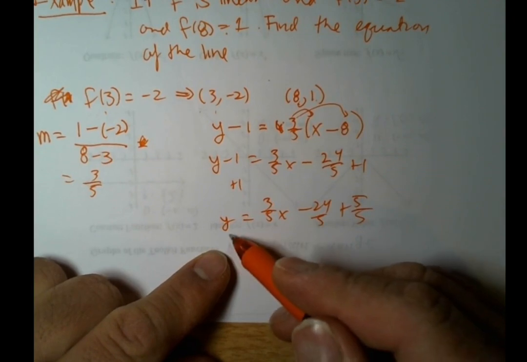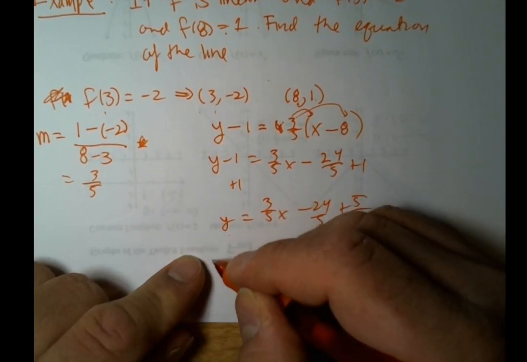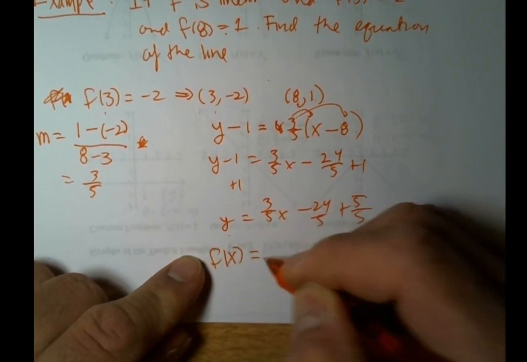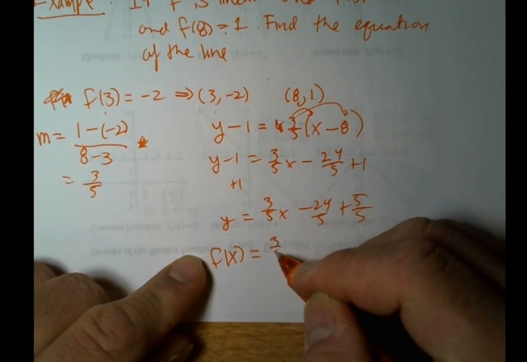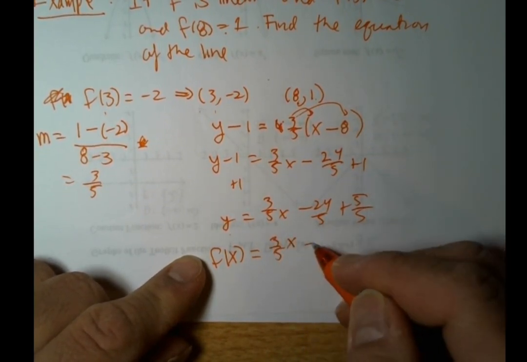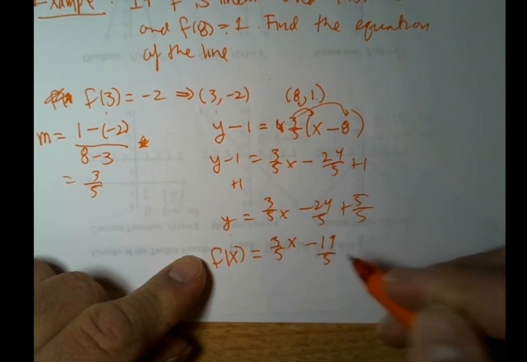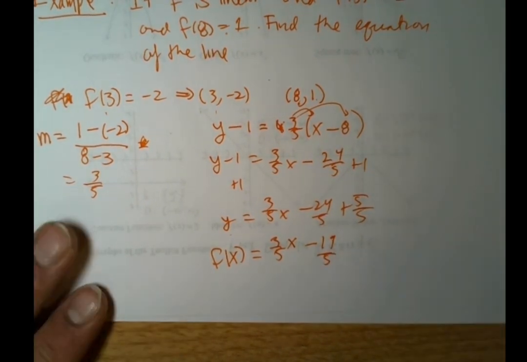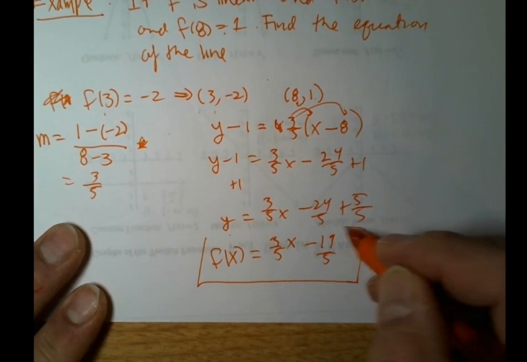I'm going to use my function notation, right? y, f of x, 3/5 x, and here negative 24 plus 5 is negative 19 over 5. And that would be my equation.